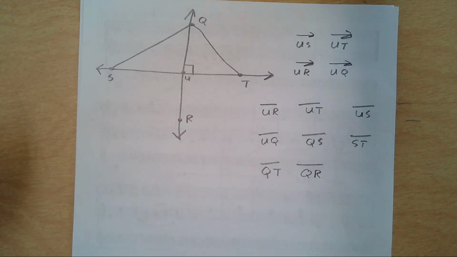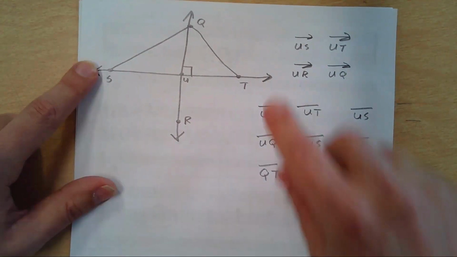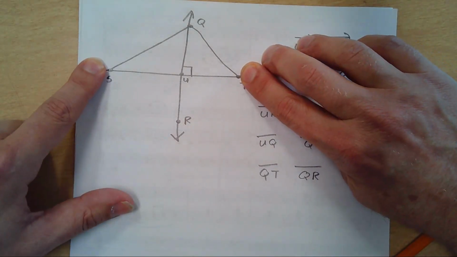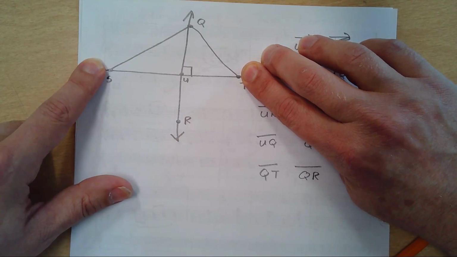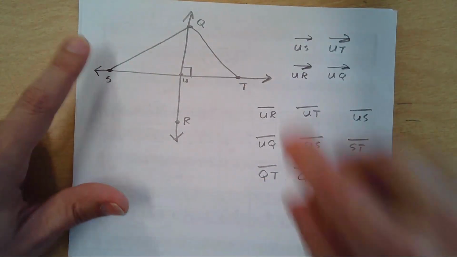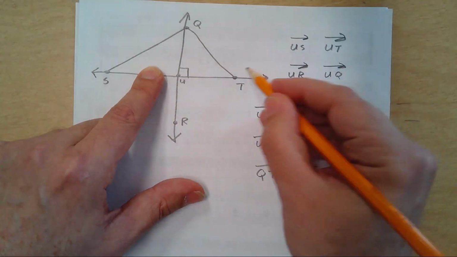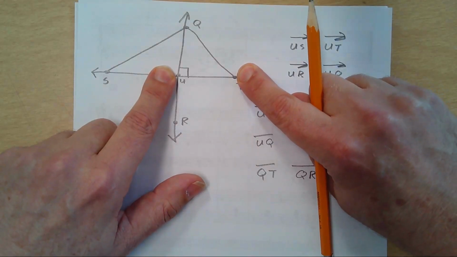So you may be asking yourself, well, wait a second. Isn't ST a line? Well, sure, it's a line, but when I represent it this way, I'm only talking about this portion right here. It's also a line, no doubt about it, just like UT is also a ray. But the ray includes this part right here. The line segment starts and ends at this endpoint.